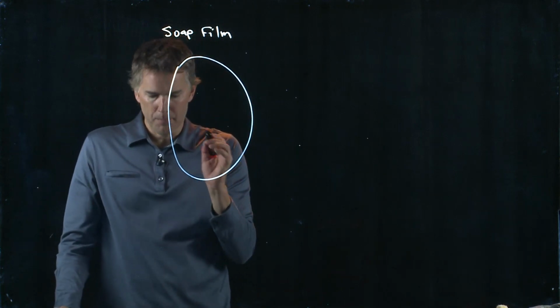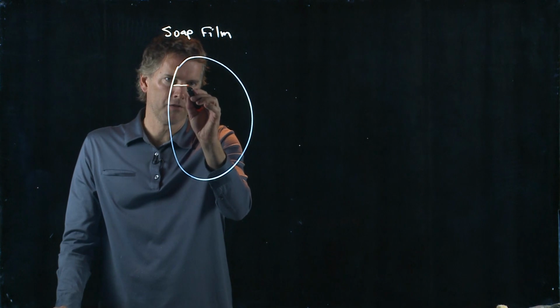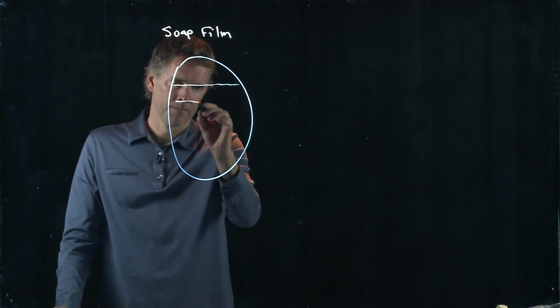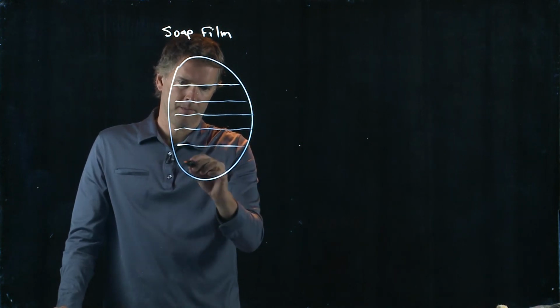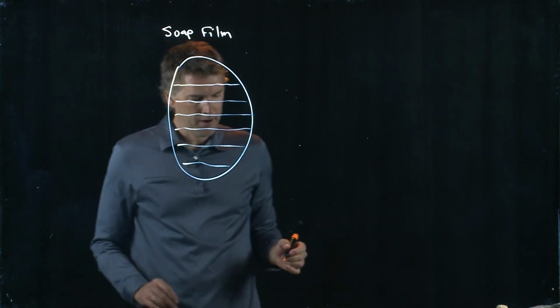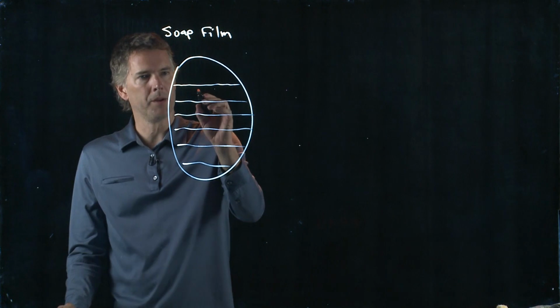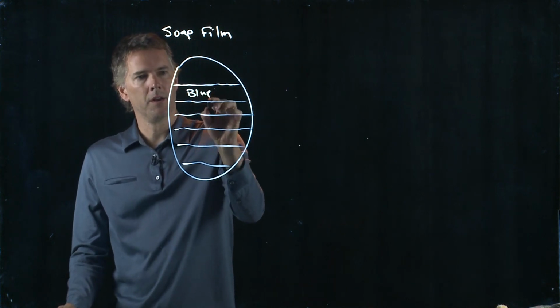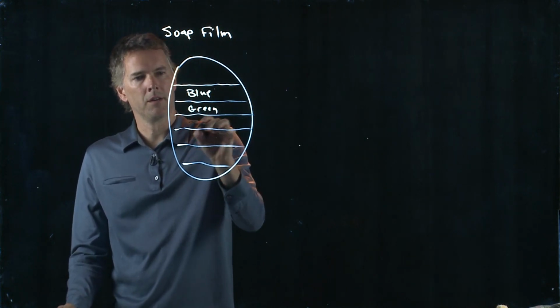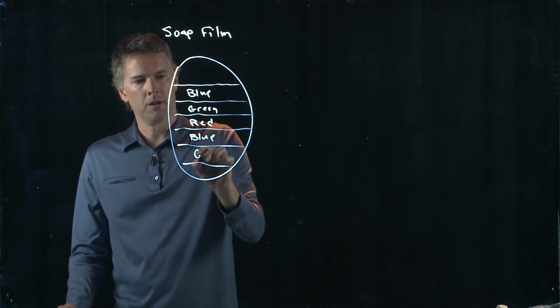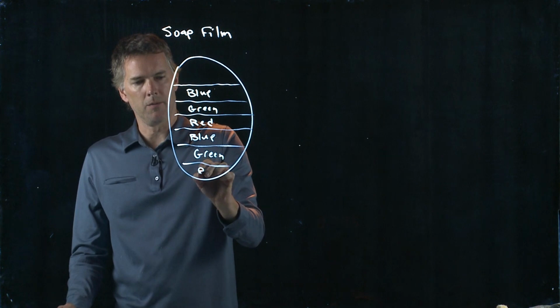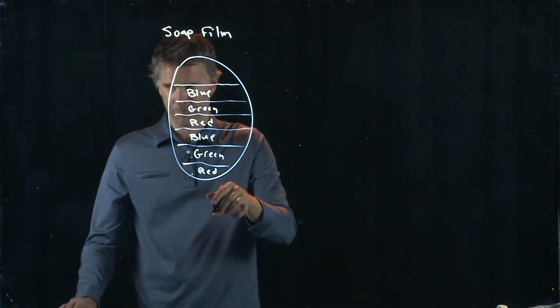And now, if you look at that picture carefully, what you see is stripes. Okay, and at the very top, it's going to be maybe blue, then green, then red, and then it'll go back to blue, and green, and red, and so on down.